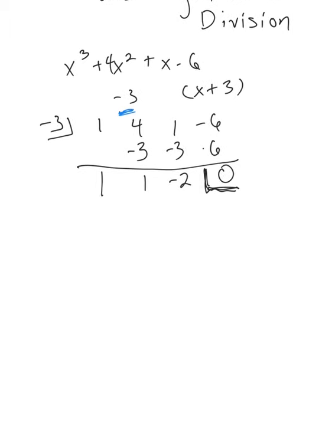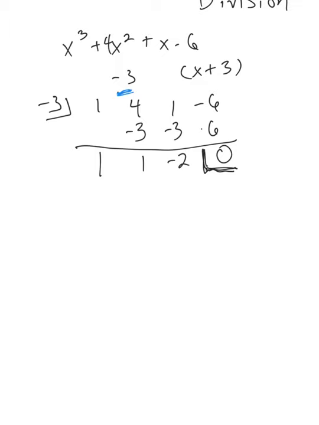Let's use the same equation, but they want us to use the number -7, and to put it into this format: f of x equals x minus k times q of x, plus r.